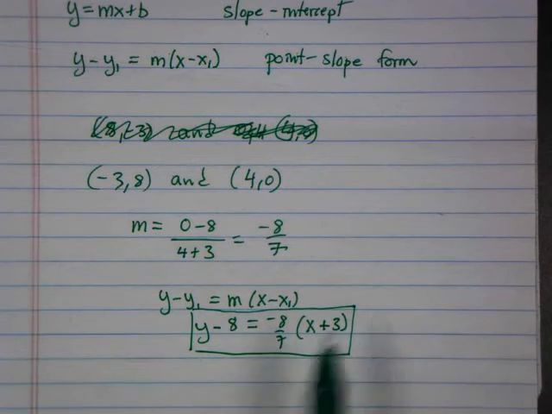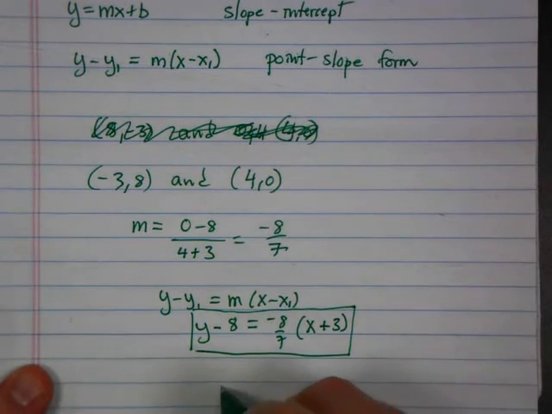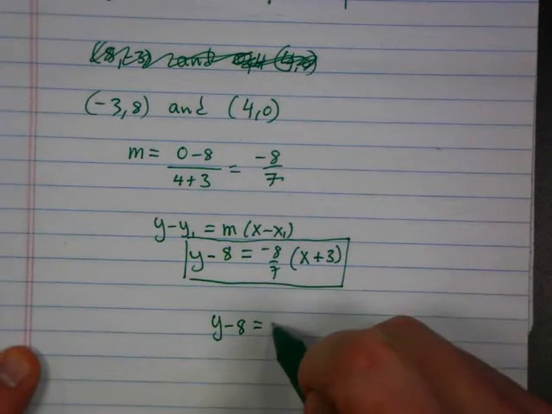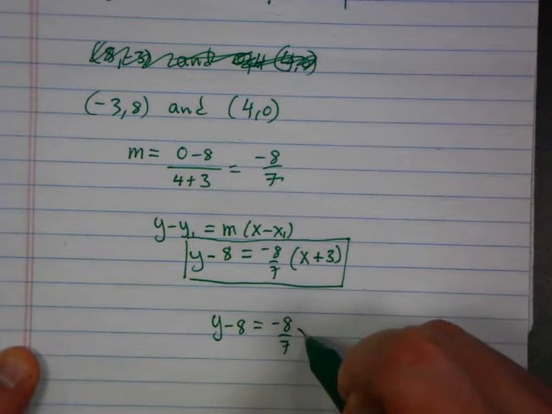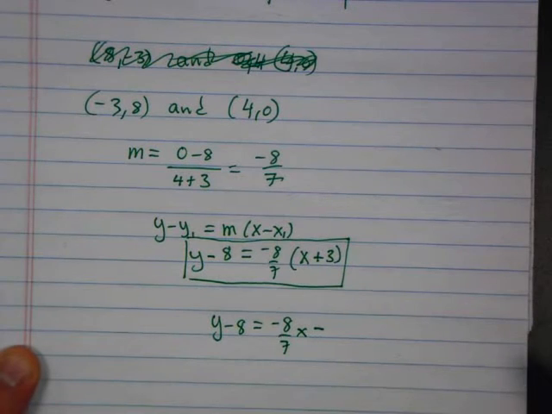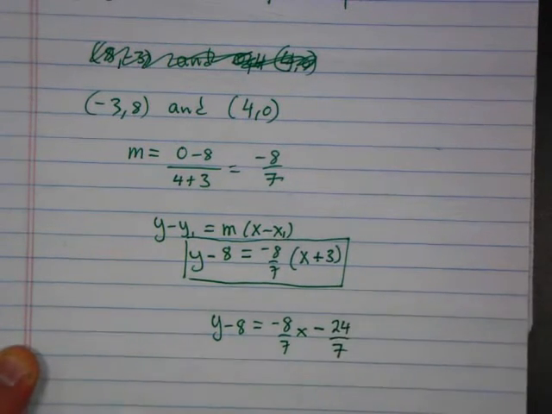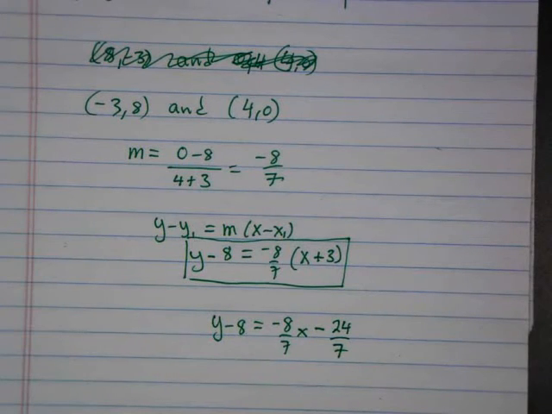Let's distribute this negative 8/7 through. We would have y minus 8 is negative 8/7 x minus 24 over 7. I think of 3 as being 3 over 1, and I multiply my tops, multiply my bottoms. And then I would have to add 8.